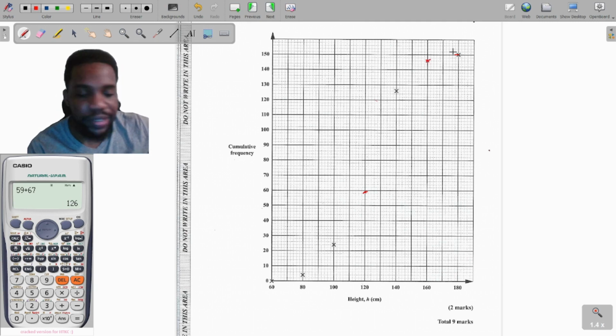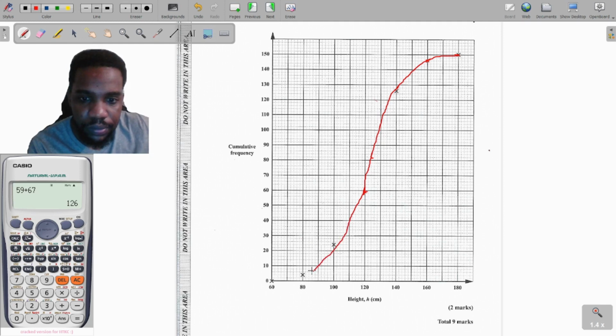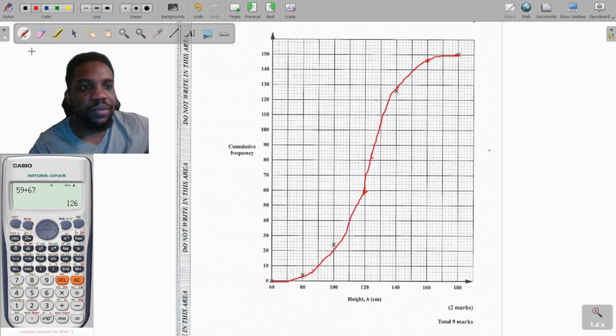Let me make sure I'm getting everything here. Right, I want my curve to be as smooth as possible, right? Not perfect, so I'm going to have to fix this middle piece because I need it to be smooth.